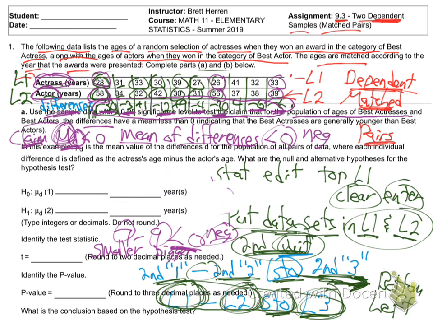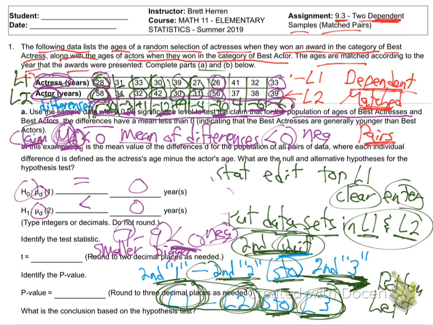Well, you know that the null hypothesis is always equal. So we're going to say the mean of the differences is equal to 0 versus the mean of the differences is less than 0. That's what they're claiming. They're claiming it's less than 0.